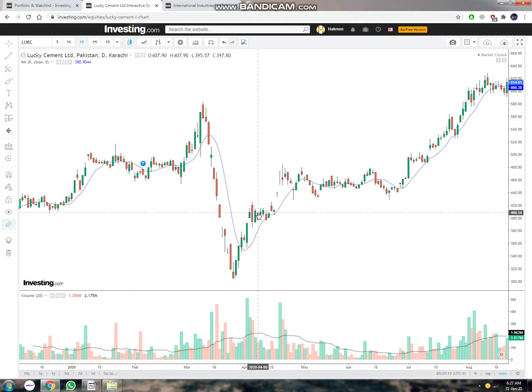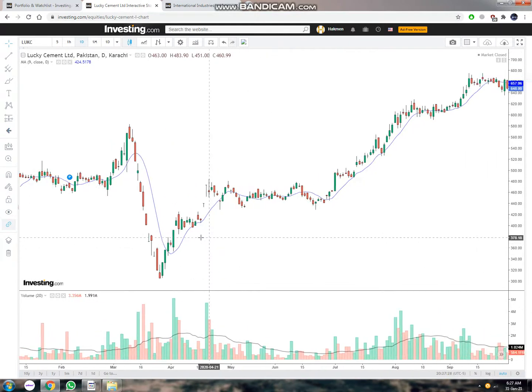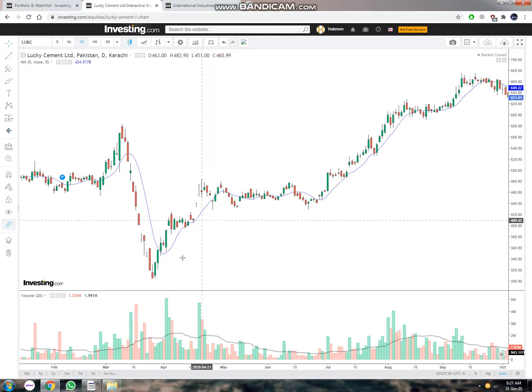It traded and moved upward about 4 days before the moving average turned bullish, into an uptrend. So it is not necessary for the moving average to show an uptrend first.